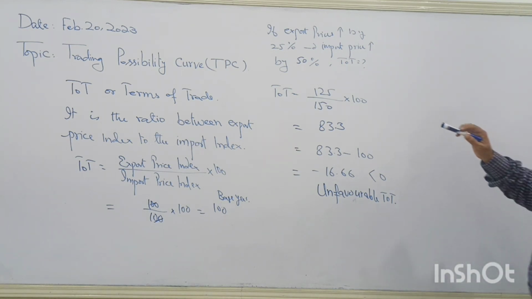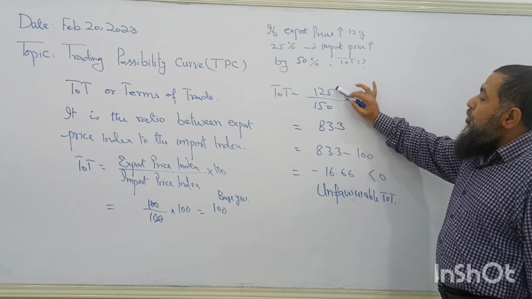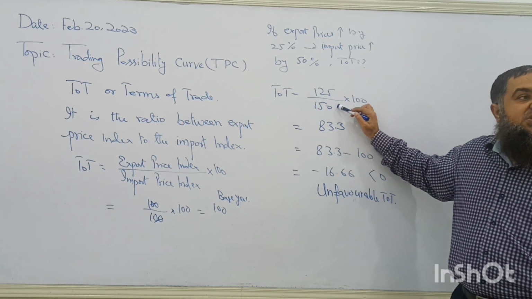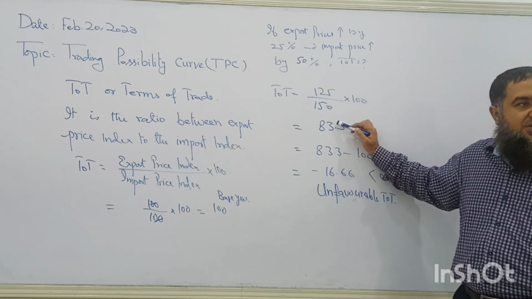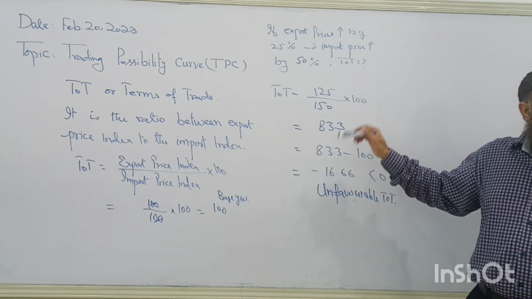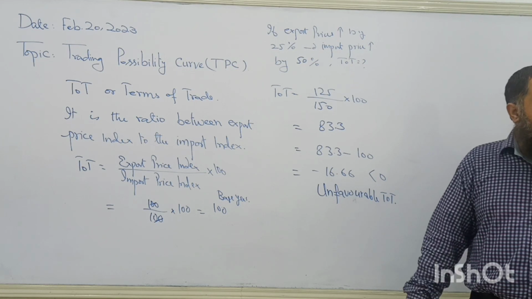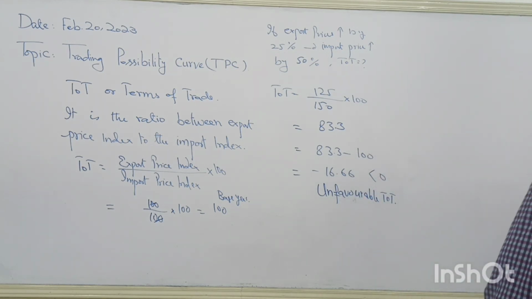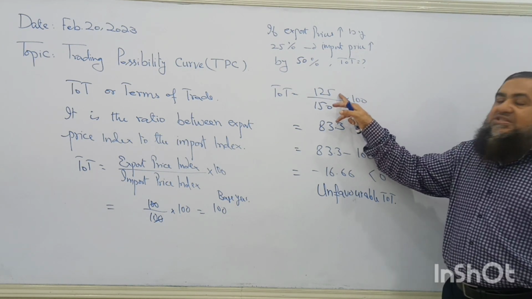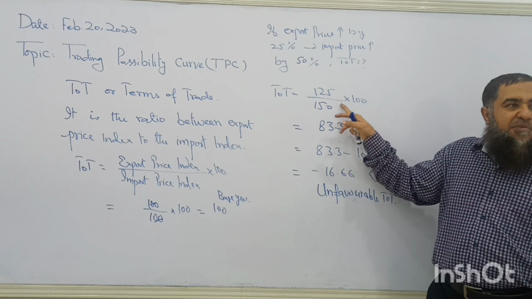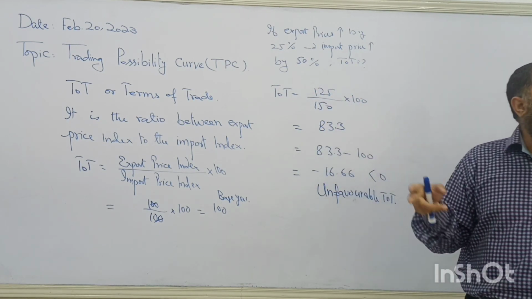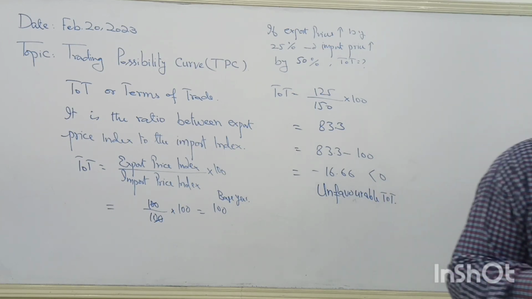Or when export prices are decreasing but import prices are decreasing by a greater rate, then definitely the denominator is having more value, and overall terms of trade will improve. Or export prices remain the same but import prices are falling, so again we will have a favorable condition for our terms of trade.